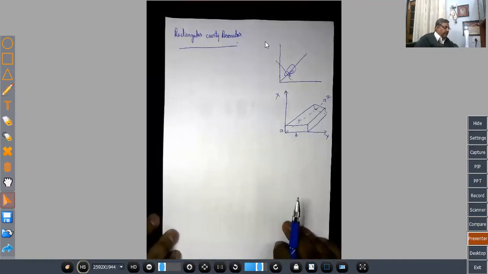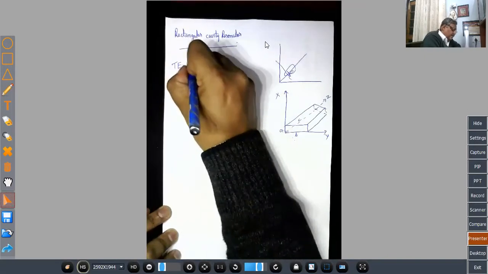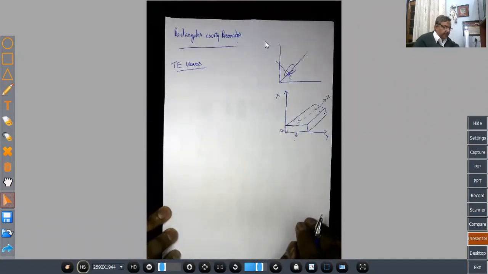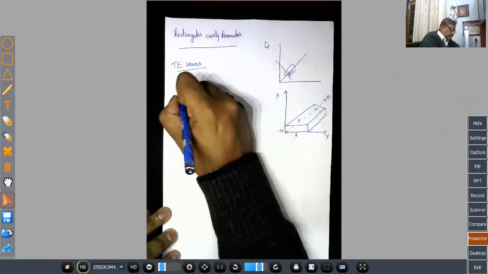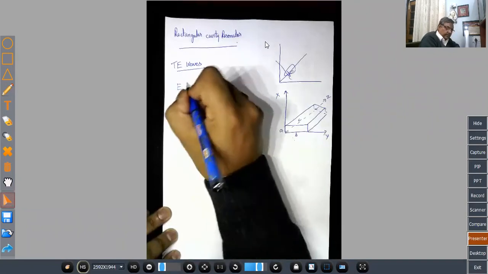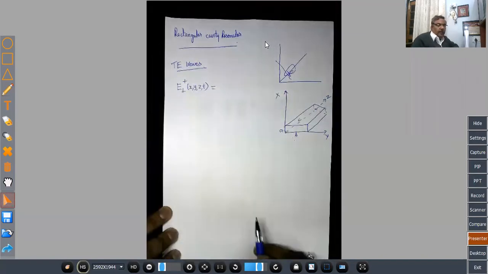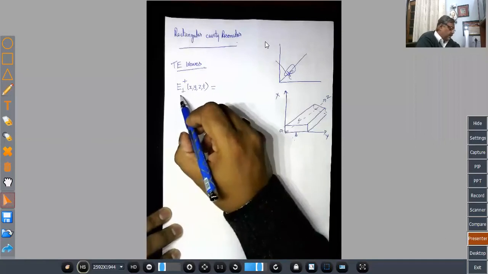So we will first study transverse electric waves. Just understand this notation. This is for the transverse wave.